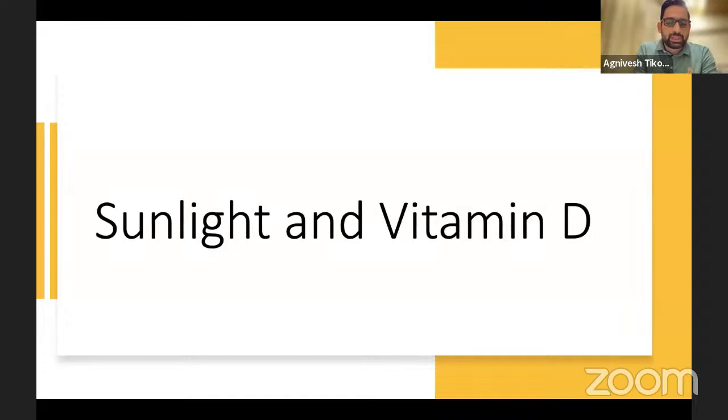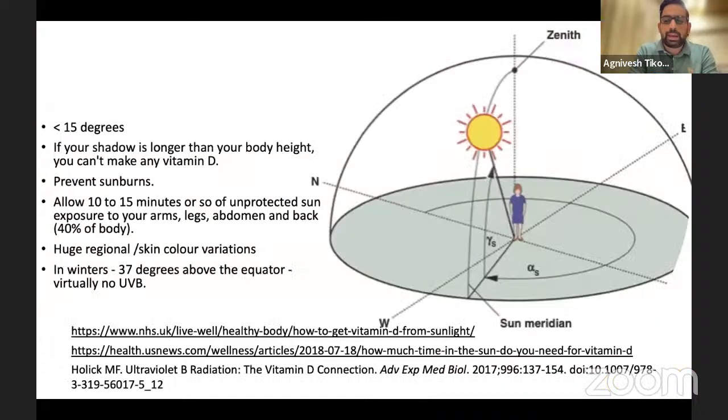Vitamin D is an essential vitamin. We all know that. Many people ask us about sunlight and all. So you have to tell them that only when the shadow is shorter than your body, which is around 11 to 2 in the afternoon, and your 40% body area is exposed, and you get 10 to 15 minutes of exposure, then only adequate vitamin D is formed.